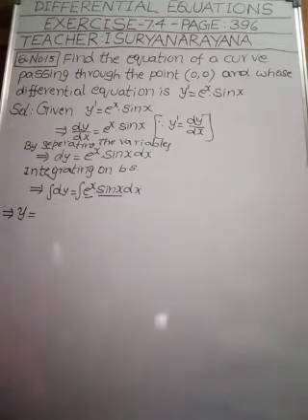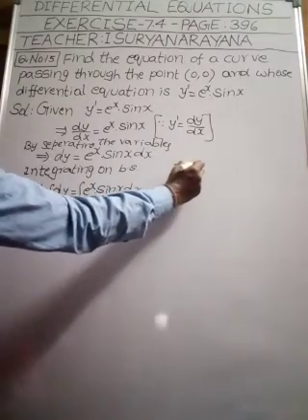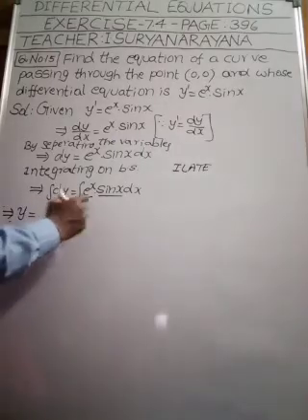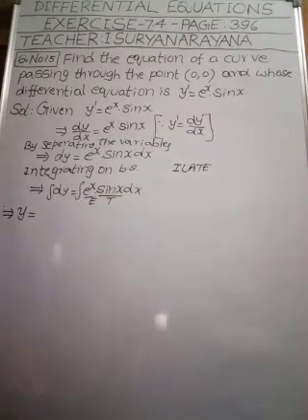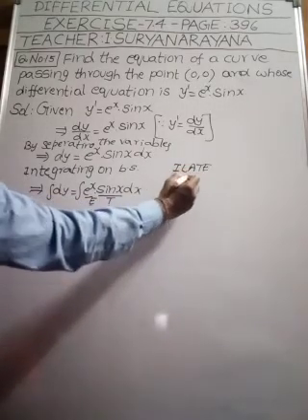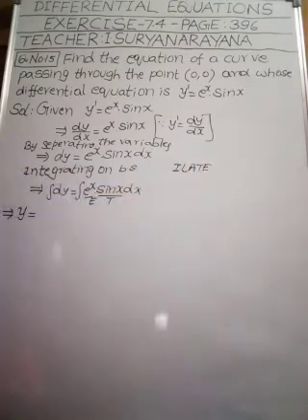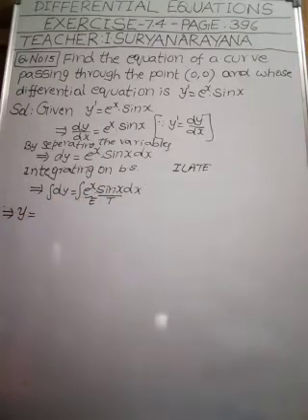Then first of all, what should we do? We have to arrange the functions in the order ILATE. Yes or no, my children? Here, one is an exponential function and the other is a trigonometric function. The trigonometric function should be first and the exponential function second, but the functions are given in the reverse order.